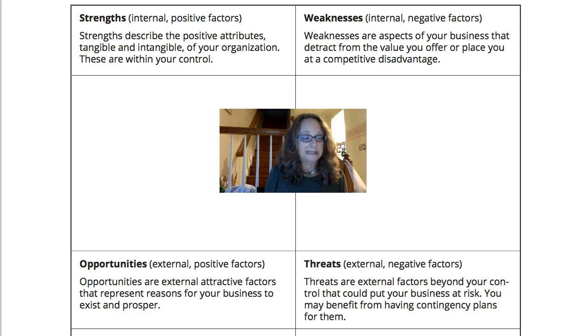If you eliminate any weaknesses, then does that open up the possibility for a new opportunity? So for Starbucks, opportunities may include market expansion globally, strategic partnerships in new countries such as the Tata partnership in India, increase in coffee drinking, or the perception that coffee is good for you.